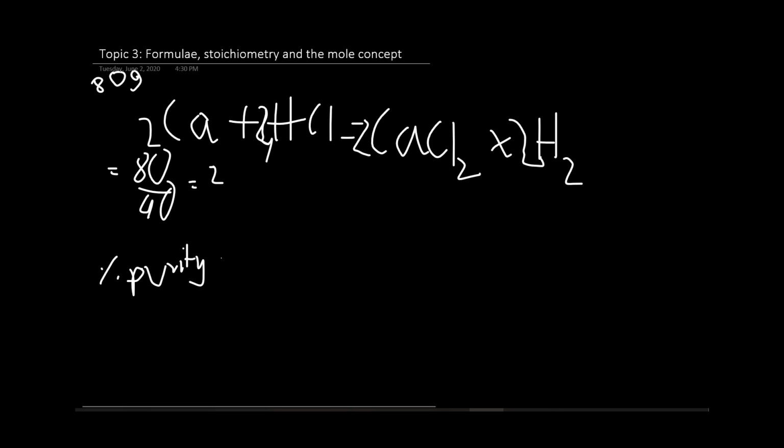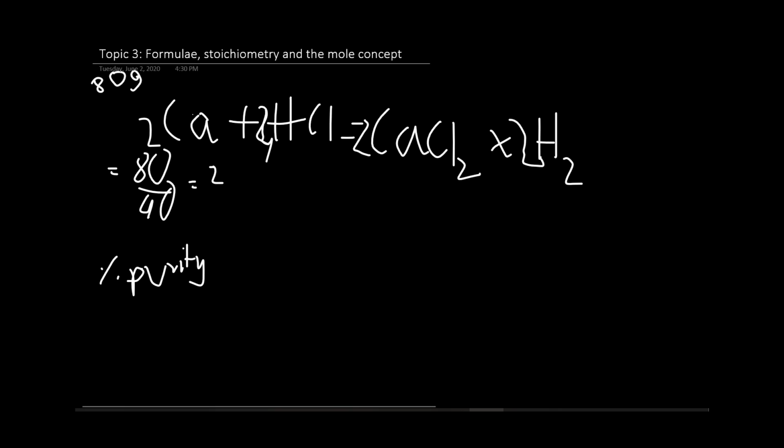The fact that you received only 40 dm cube of hydrogen gas when you were supposed to receive 48 dm cube of it only proves that there are impurities in your reagent. Now, say they tell you that the calcium sample that you have is impure.